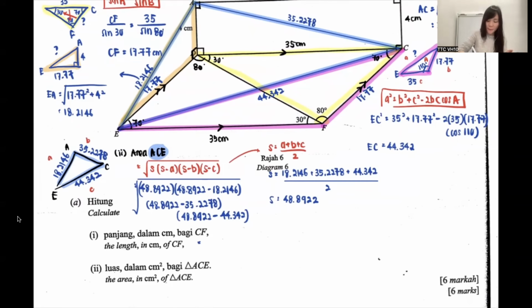You know how I press? I press bracket answer. Answer means 48.8922. Bracket answer minus 18.2146. Okay? Bracket answer minus 35.2278. Bracket answer minus 44.342. Enter. Remember, after that, square root the whole thing. Isn't it the answer 305.38 cm squared? Done. 4 marks from here.